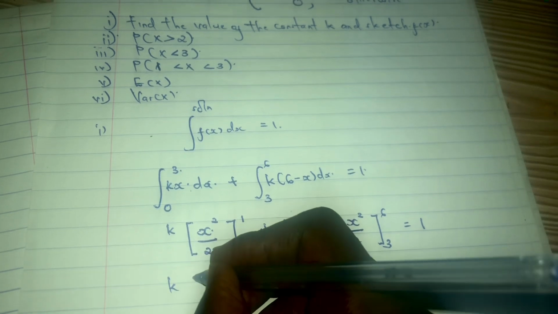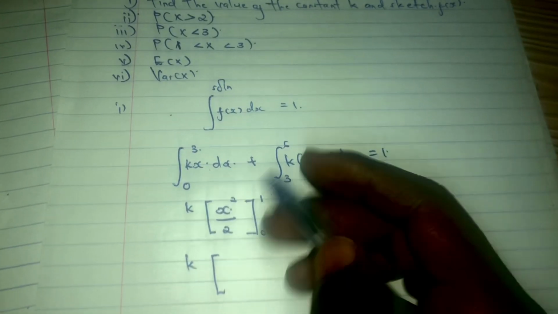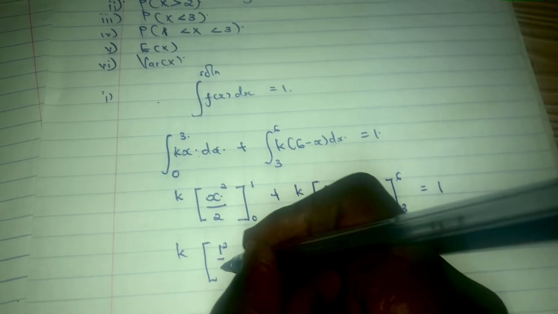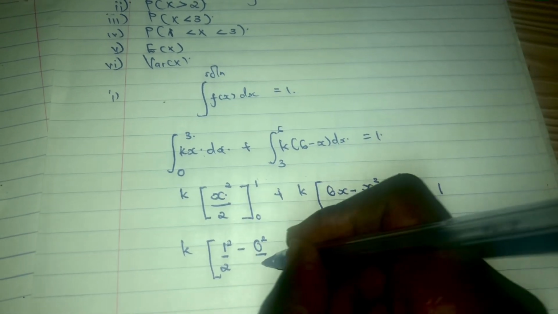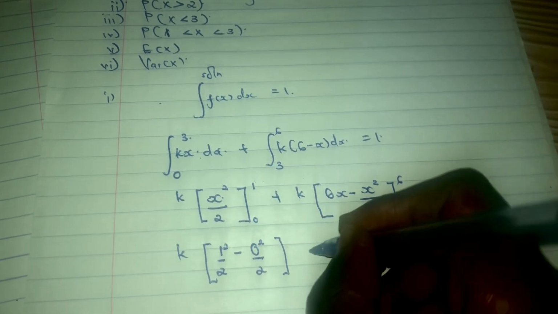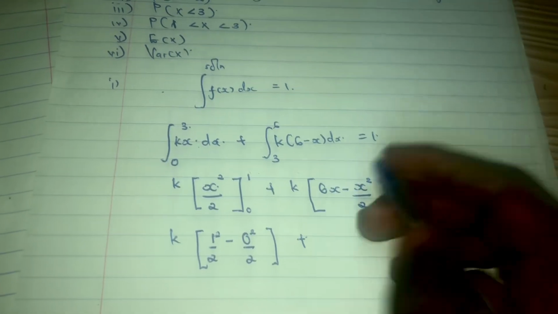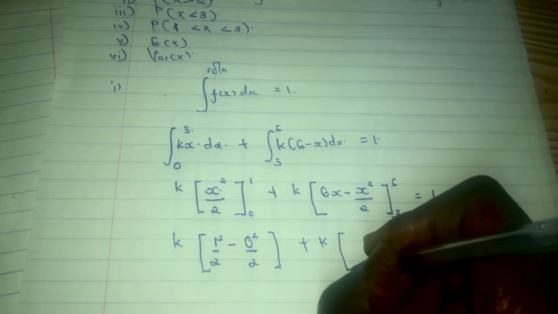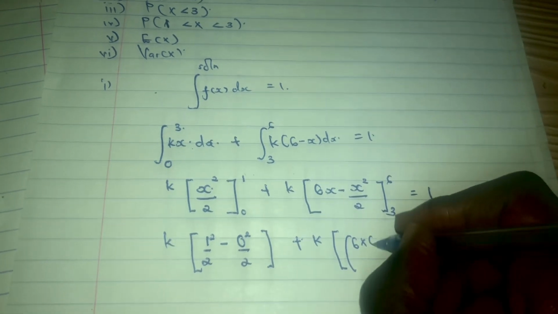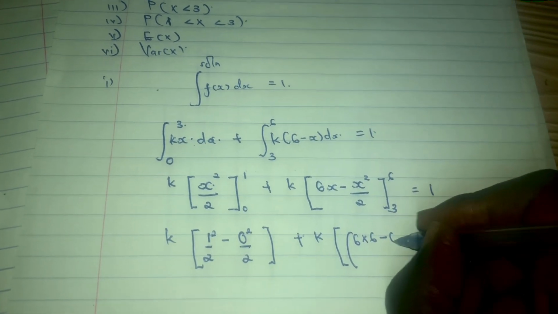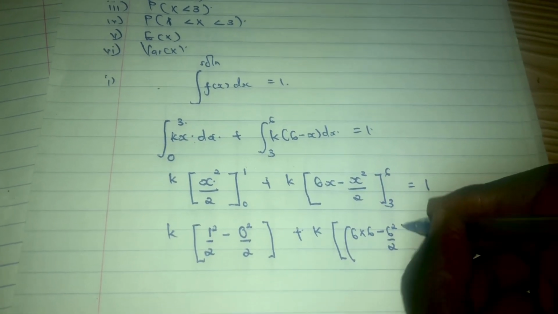So k will be equal to, when you put in the limits, you start with the first interval, 1 squared over 2 minus, if you put in the next limit, 0 squared over 2, are we together? Plus k, where there is x we put in 6, 6 times 6 minus 6 squared over 2.